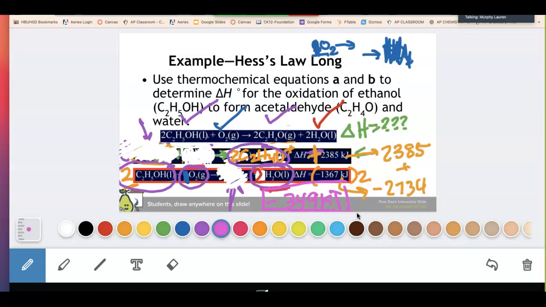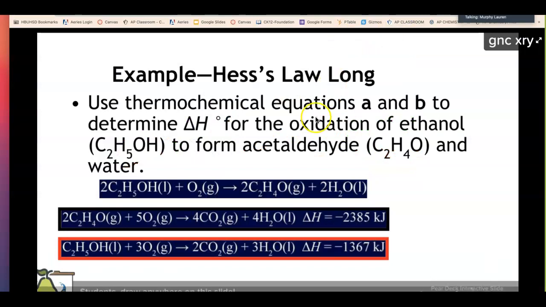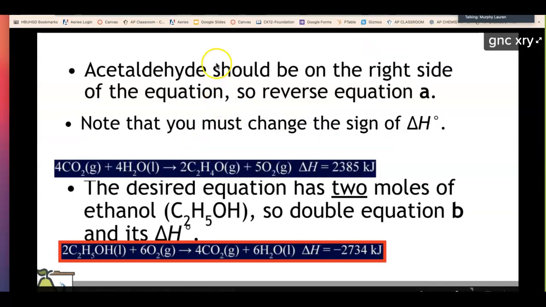So all of this I also have shown in words on our slides. If you look right here, this is everything I'm doing, in words, and why.